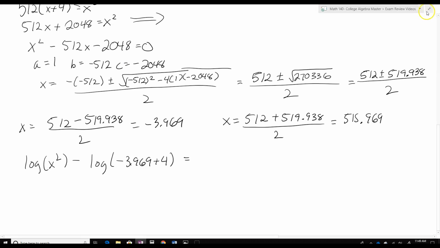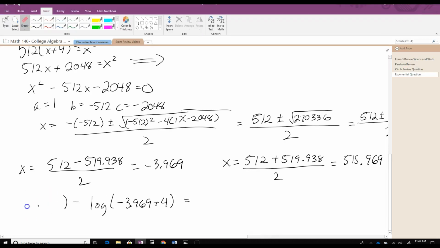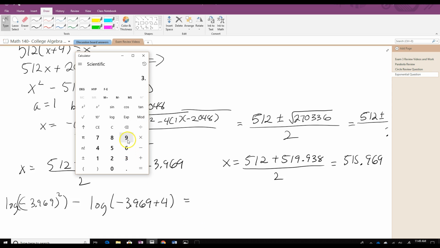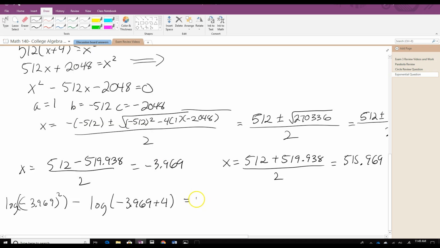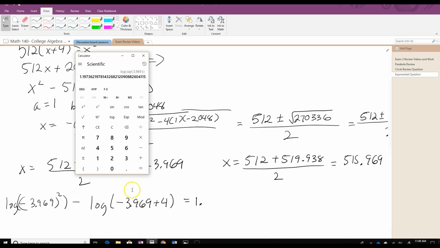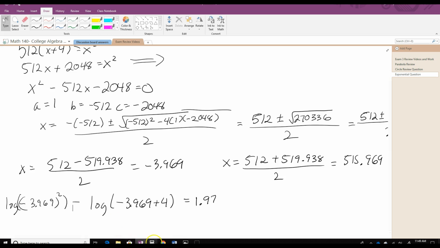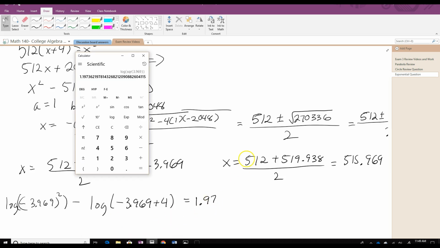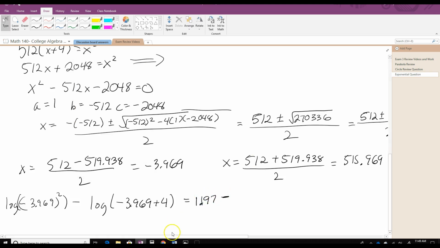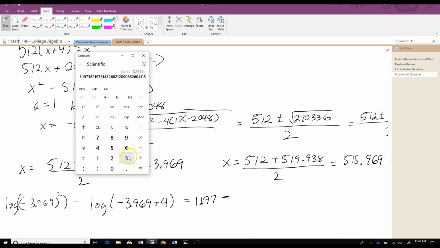So by the way, this is going to end up being, okay. So when I go in and I check those, 3.969 squared. Okay, take the log of that. So this is going to be 1.197 minus, and then we're going to get here, this is going to be negative 3.969 plus 4.